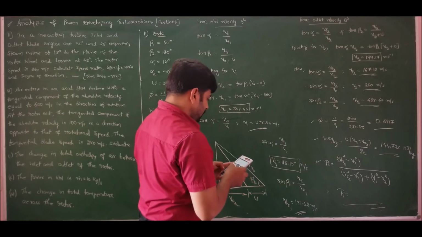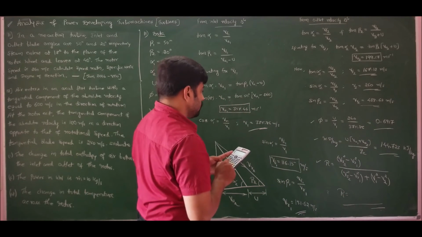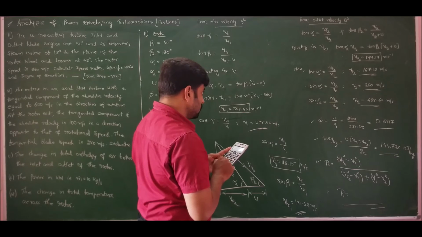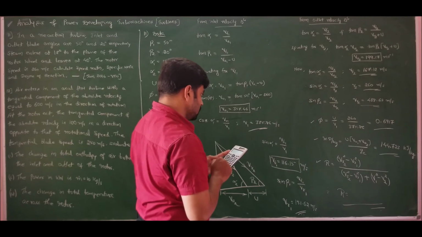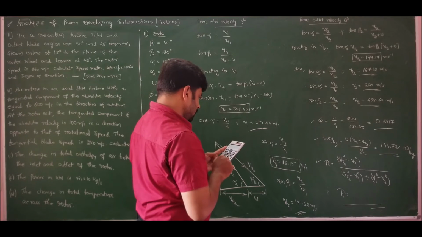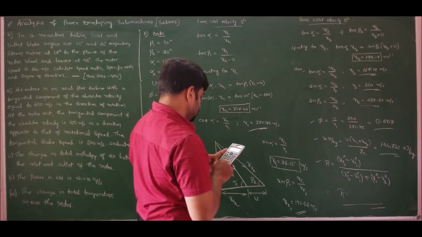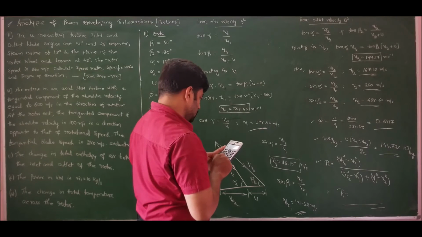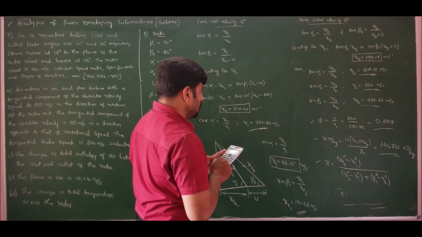So the degree of reaction for this problem is turning out to be VR2 square, 488.63 square, minus VR1, 151.62 square, divided by 488.63 square minus 151.62 square plus V1 square, 375.86 square, minus V2 square.